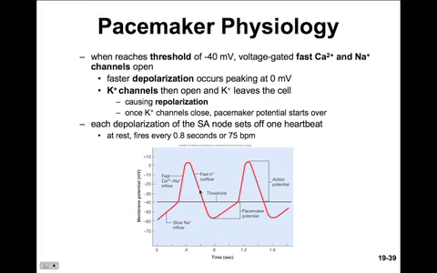Potassium flows out and the membrane returns towards -60. Once the potassium channels close, the pacemaker potential starts over. Slow inflow channels are open and the pacemaker potential continues. Each depolarization of the SA node will set off one heartbeat. At rest, it fires about every 0.8 seconds, which results in a heart rate of about 75 beats per minute.